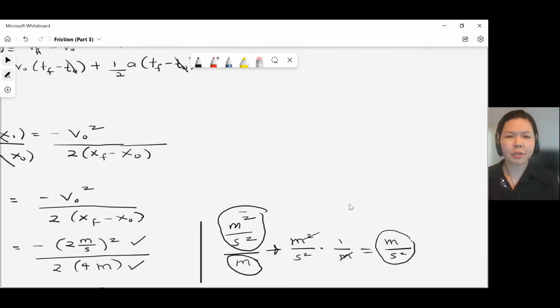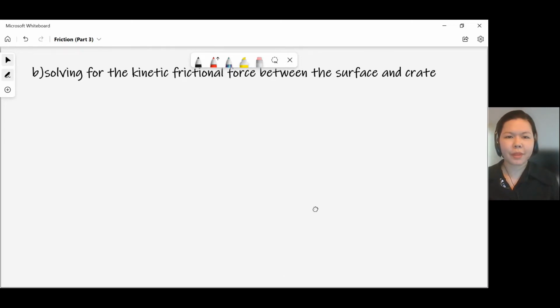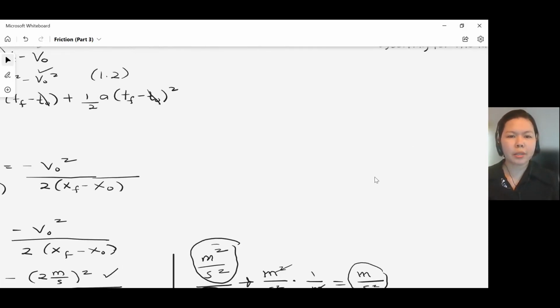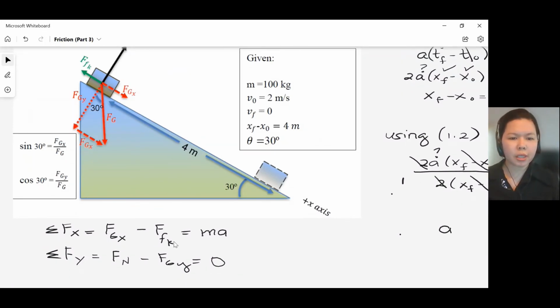Let us now solve for letter B, solving for the kinetic frictional force, FFK, between the surface and the crate. Let me go back to our equations, and FFK is here. We have FFK in the summation of Fx. So we use this equation: Fgx minus FFK equals MA.